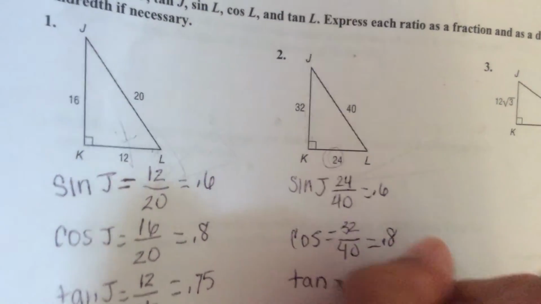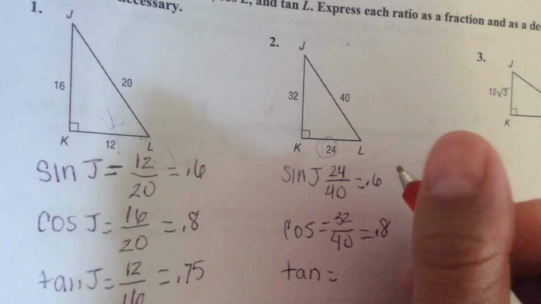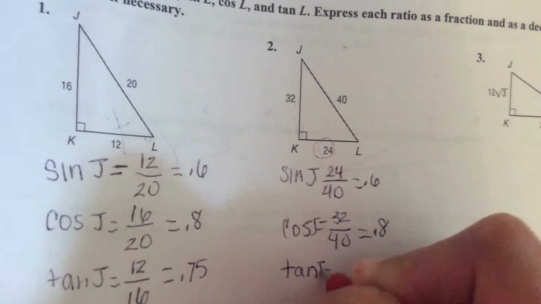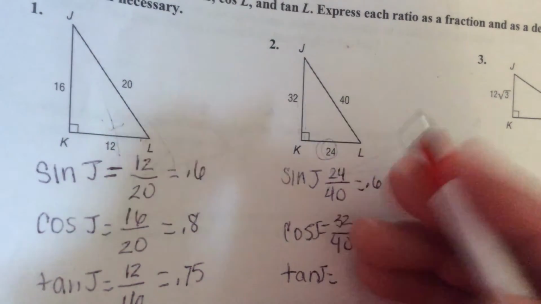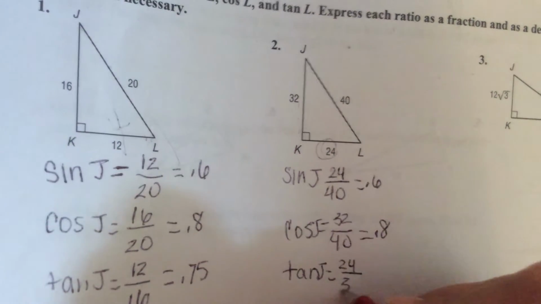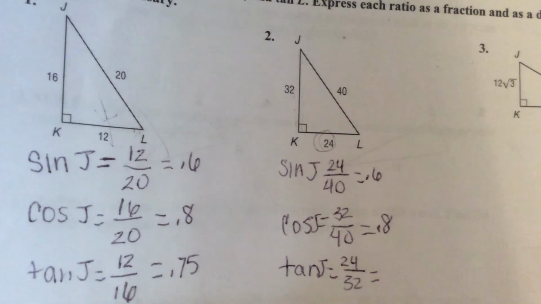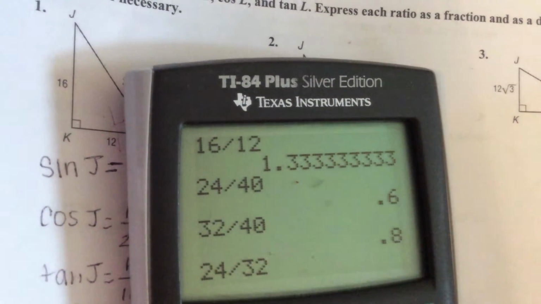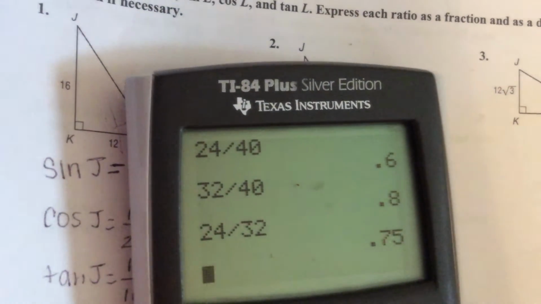Tangent, TOA, opposite over adjacent. Should be putting J in there. Opposite is 24. Adjacent is 32. 24 over 32 gives you 0.75.